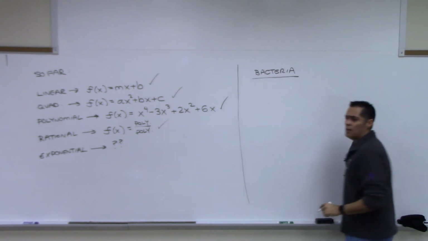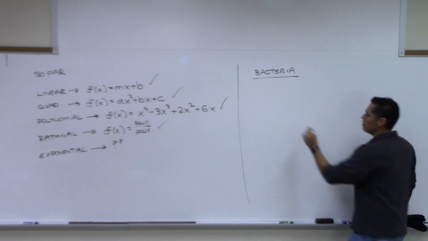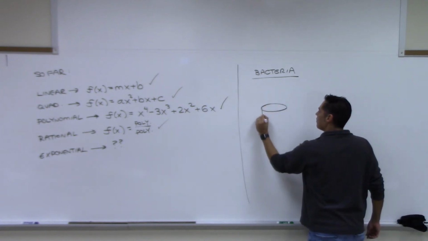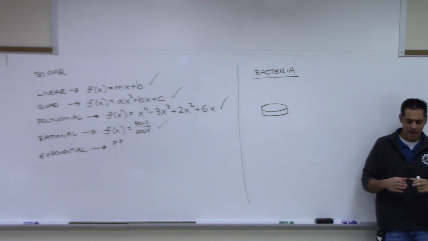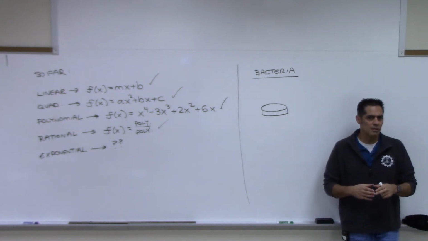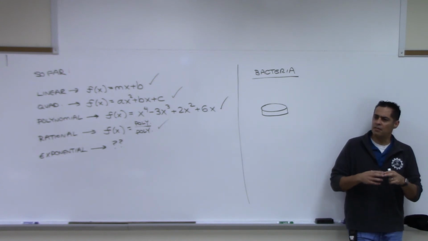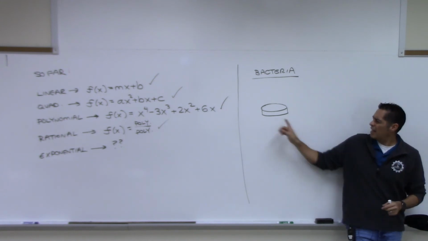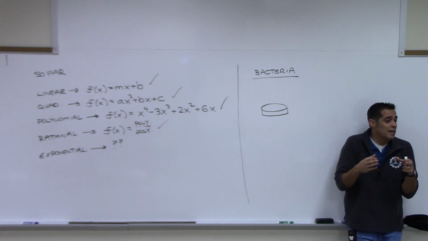Do y'all know what a Petri dish is? Have any of y'all taken biology? A Petri dish is a little plastic dish that is sterile, meaning they have a little jelly on the bottom of it, and inside of it nothing living is in it.